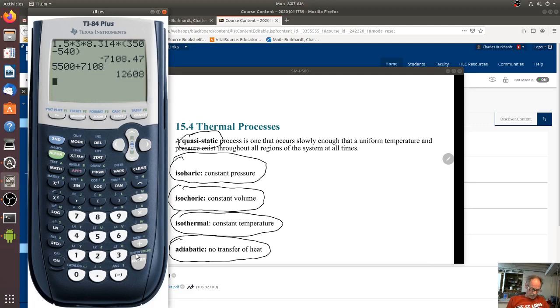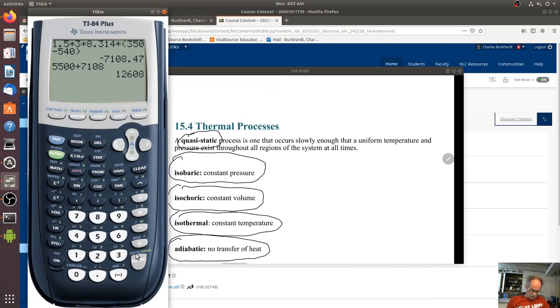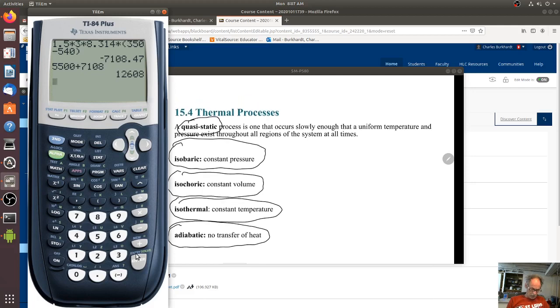So we'll be talking about these four processes throughout. How would I make a constant pressure process? Well, suppose I had a cylinder here with a piston in it. And suppose I had a weight sitting on that piston.